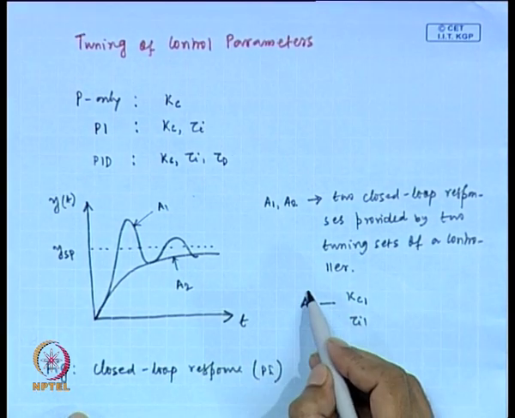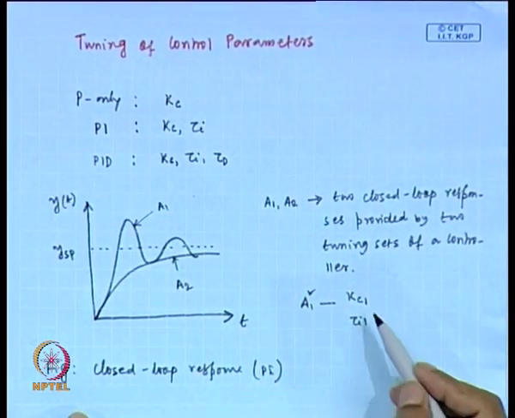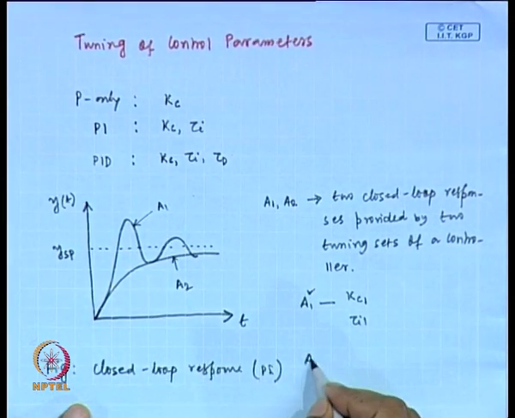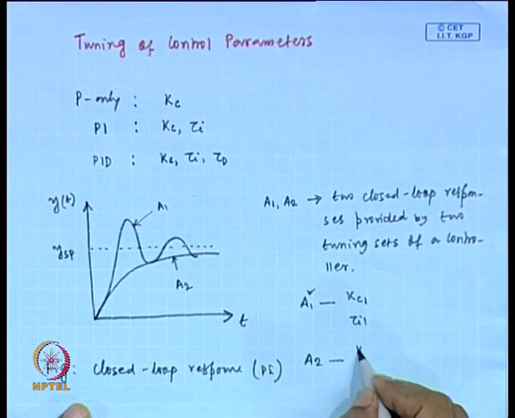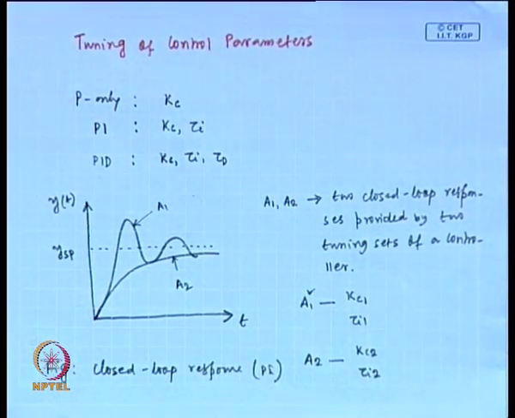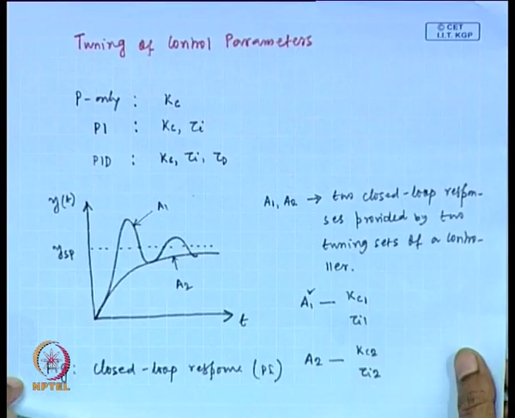Now, we get A1 response when we consider Kc1 and tau y1. We get the response A2 when we consider another tuning set, namely Kc2 and tau y2. Fine. So, the closed loop response varies with the tuning parameter values.